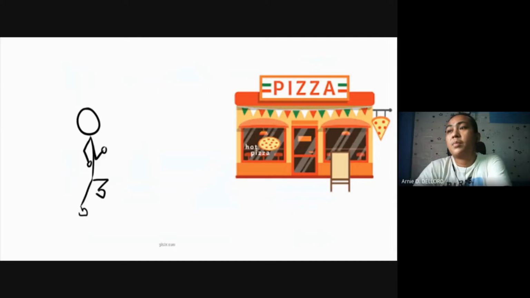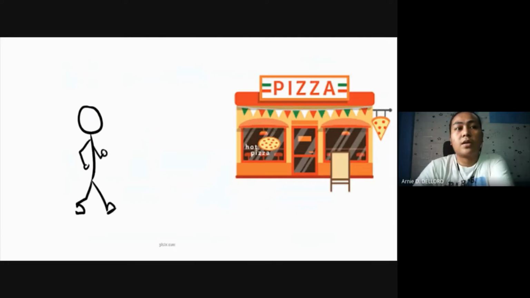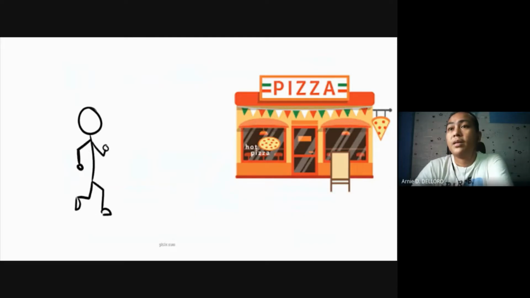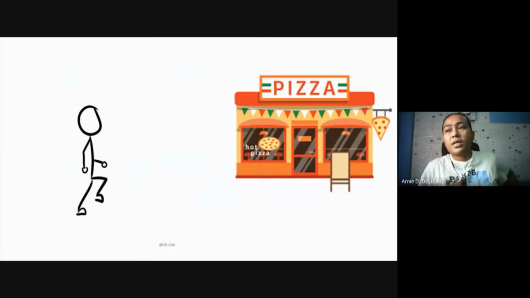Ay, pupunta yan sa pizza parlor. They would be confident in this description because as you keep walking, you are getting closer and closer and closer to the pizza shop where it is located. Tama naman. Papunta ka sa pizza parlor.